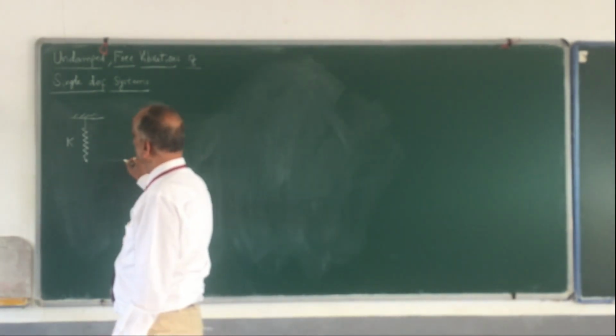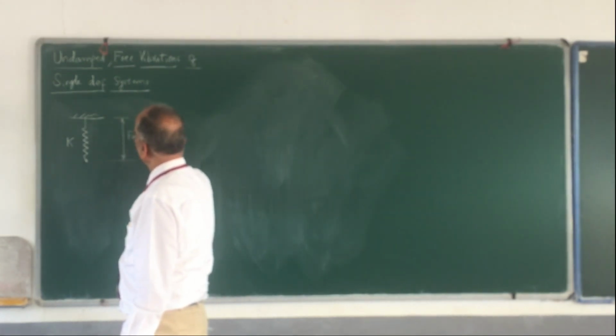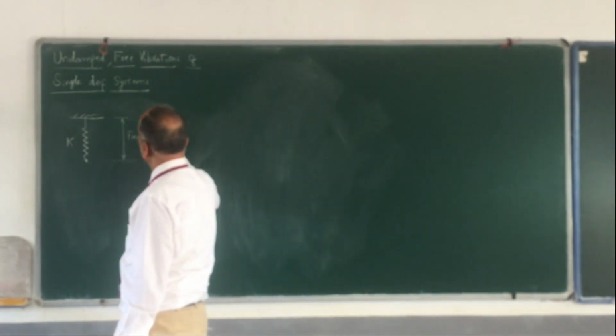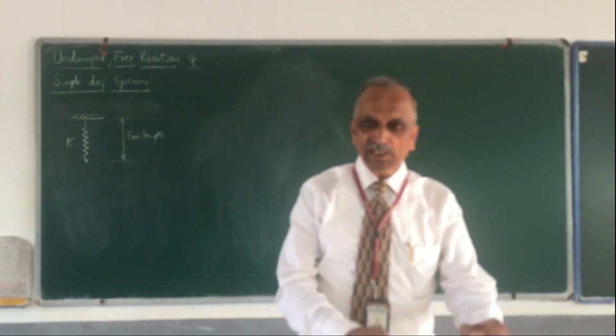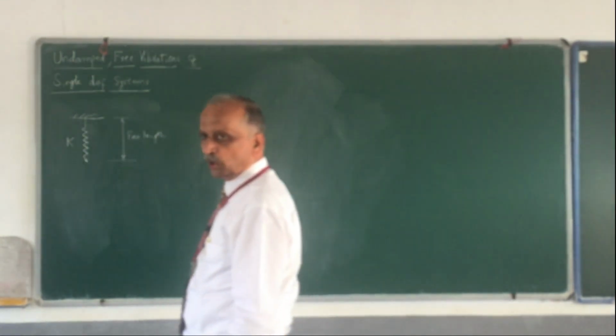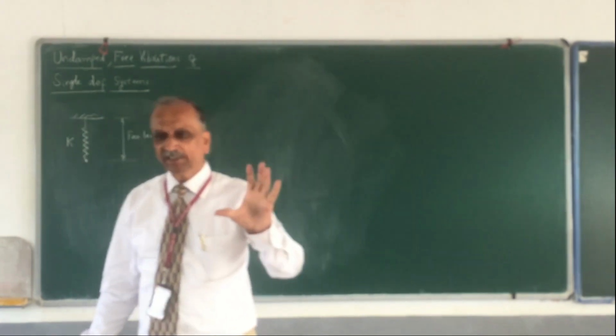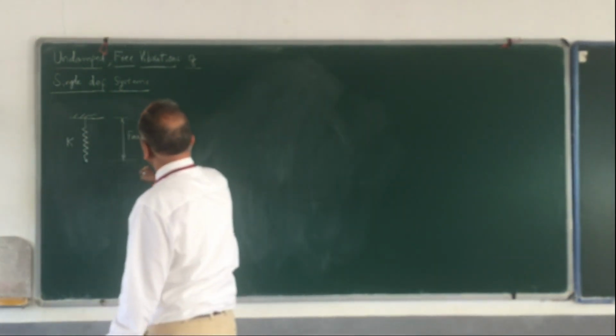And what is this length called? This length is called free length, the free length of the spring. The length of the spring measured along the axis when there is no load on the spring is called free length. So the mass of the spring is negligible.